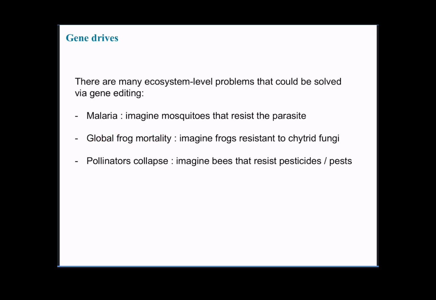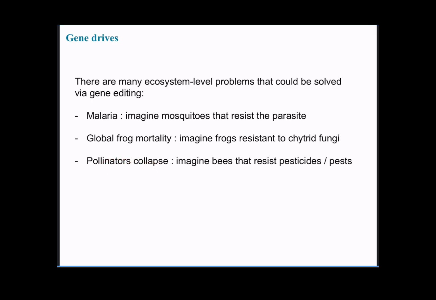I understand that for many of us, global frog mortality doesn't seem like much, but it turns out that it's a serious ecological problem that is revealing something much more serious happening with ecosystems. Now we know that these frogs are dying en masse due to infection by certain fungi. So what if we could make these frogs resist those fungal infections?